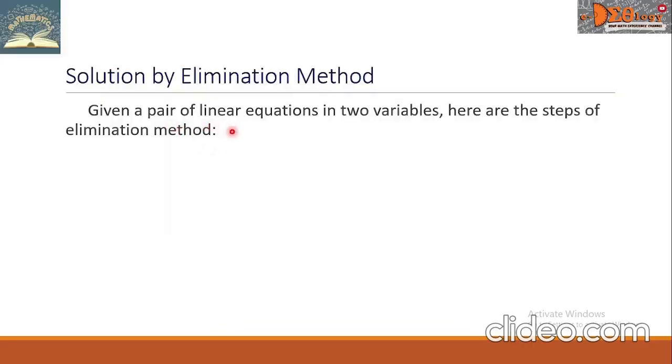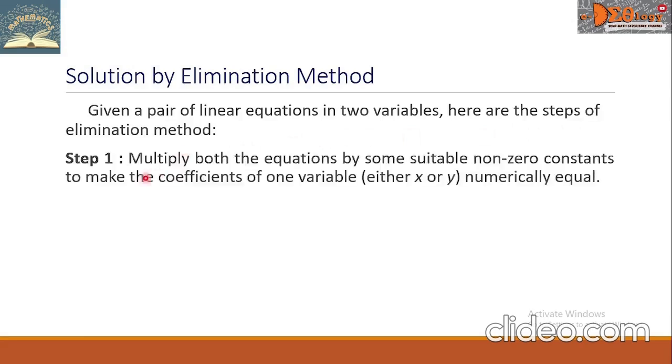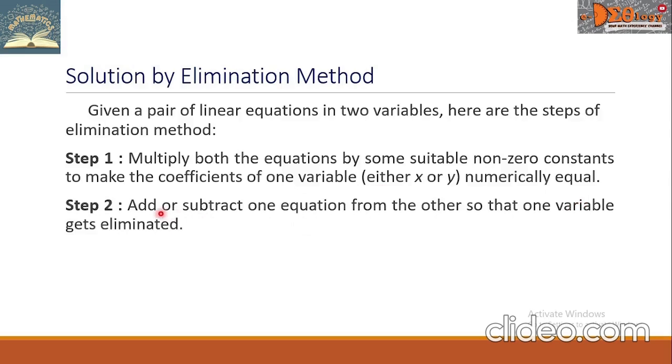Given a pair of linear equations in two variables, here are the steps of the elimination method. Step 1. Multiply both equations by some suitable non-zero constants to make the coefficients of one variable, either x or y, numerically equal. Step 2.